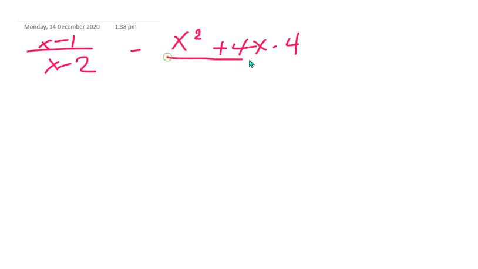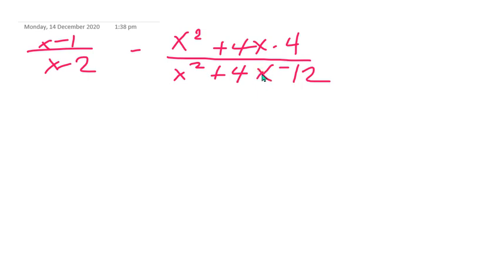So now we are going to get the LCD right here. So we have here x minus 1 over x minus 2 minus x squared plus 4x minus 4 over x squared plus 4x minus 12.